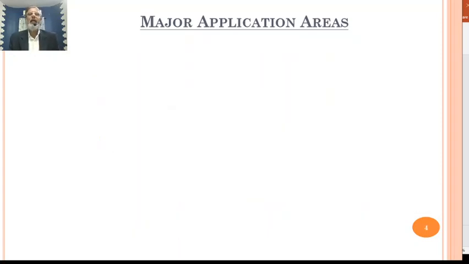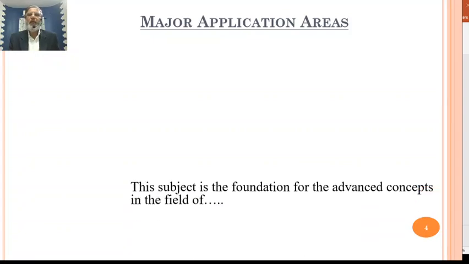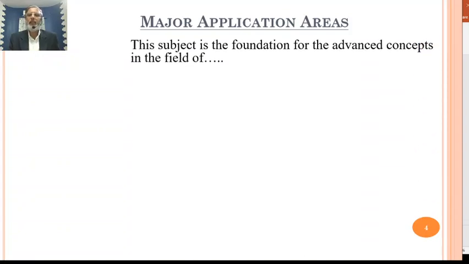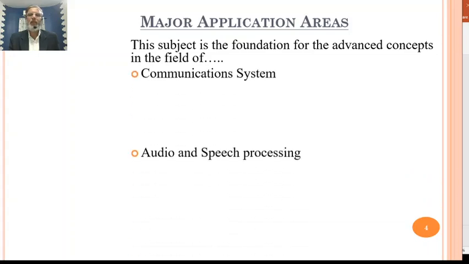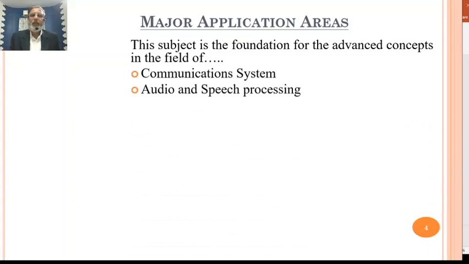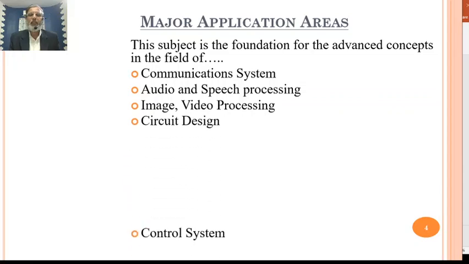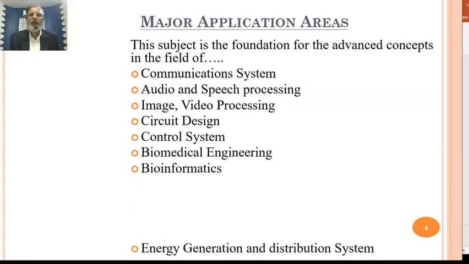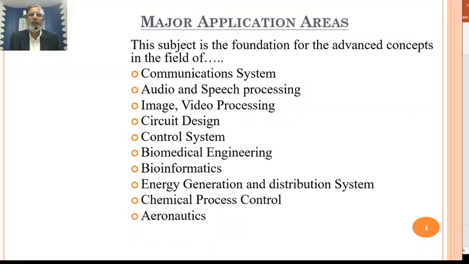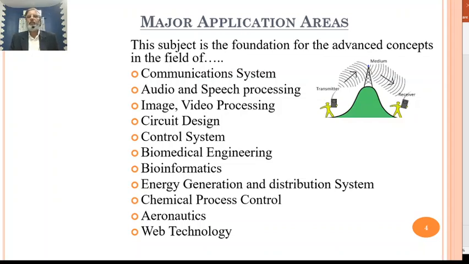Now in this slide, I have mentioned some major application areas where signals and systems is used. First one is communication systems, audio and speech processing, image and video processing, and all are engineering domains where the knowledge of signals and systems is required.